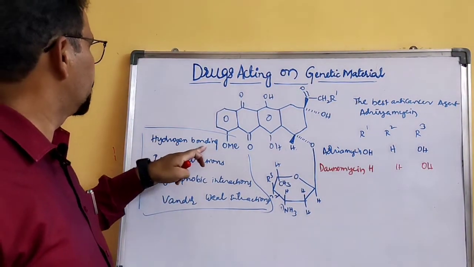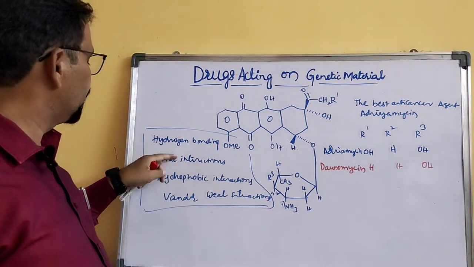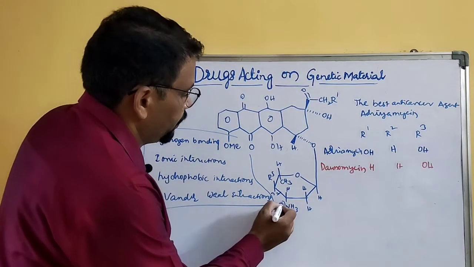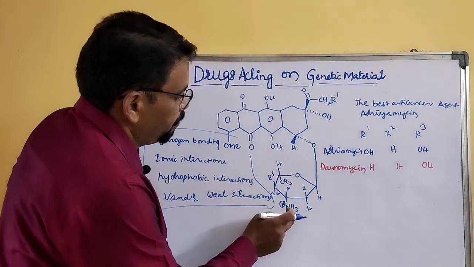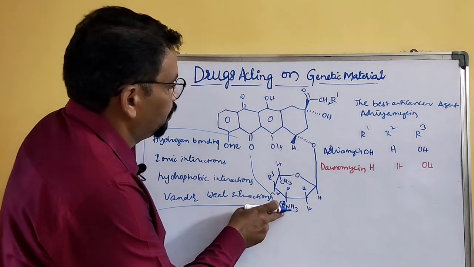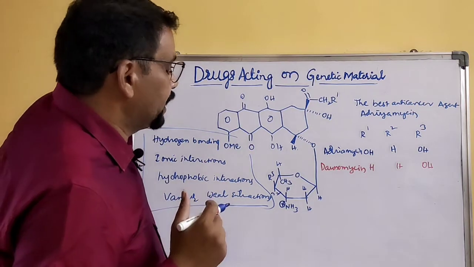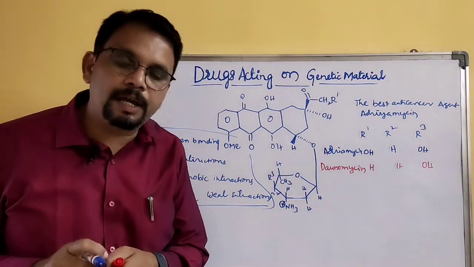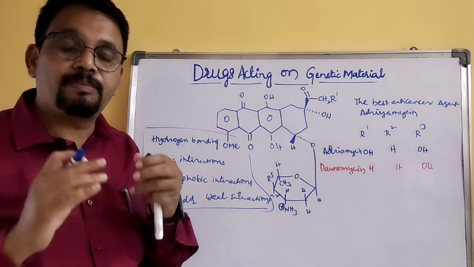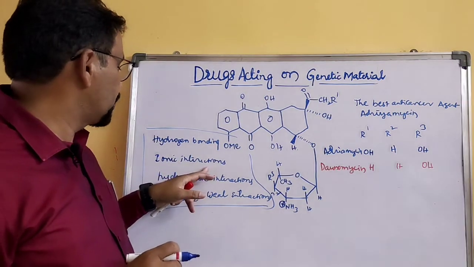How can it produce ionic interactions? Because here you have NH3 plus. This ion can interact with the phosphate ion in the DNA chain, because the DNA chain has phosphate ions. So this NH3 plus interacts with the phosphate minus ion, and that kind of ionic interaction takes place.